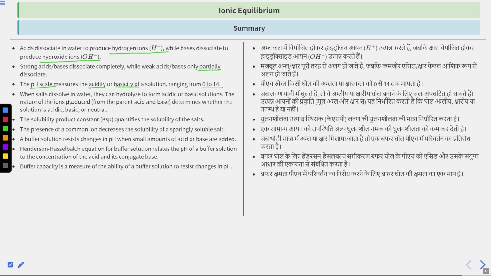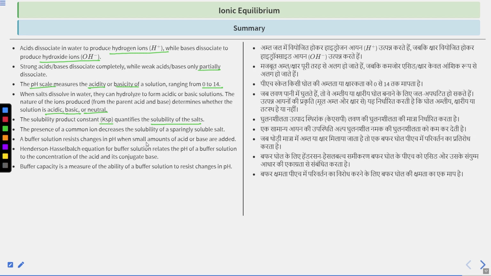When salts dissolve in water, they can hydrolyze to form acidic or basic solutions. The nature of ions produced determines whether the solution is acidic, basic, or neutral, and the ions are produced from the parent acid or base. Okay, so the solubility product constant Ksp quantifies the solubility of the salt.